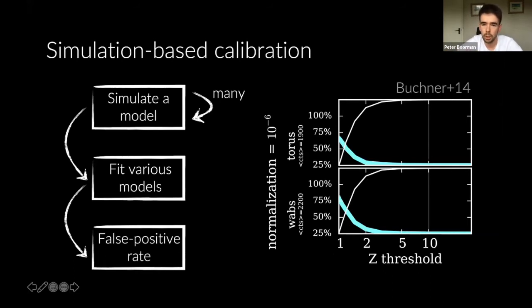So here I'm showing a plot from a very nice set of simulations from Johannes's 2014 paper, where you assume different levels of brightness of a particular source, and you simulate a bunch of models and then fit with various different models and check how many times for a given, in this case, Bayes factor threshold, the correct model is selected or the wrong model is selected.